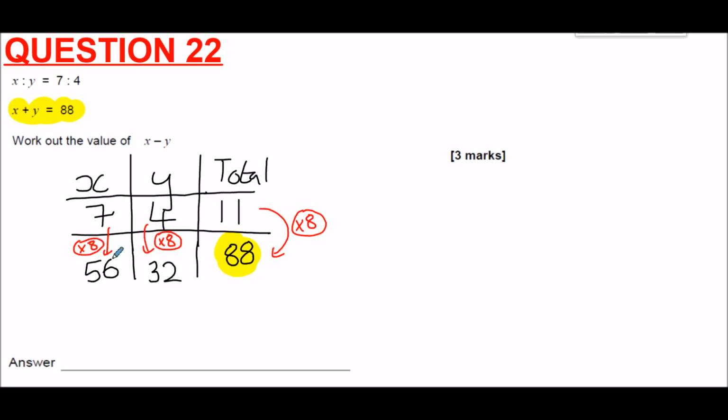And so x and y is 56 and 32. So we can just highlight these now. So we know for definite that x is 56 and that y must be 32. So this question, you want to work out x minus y, which will be 56 take away 32.